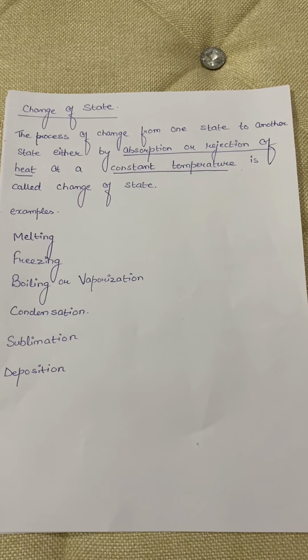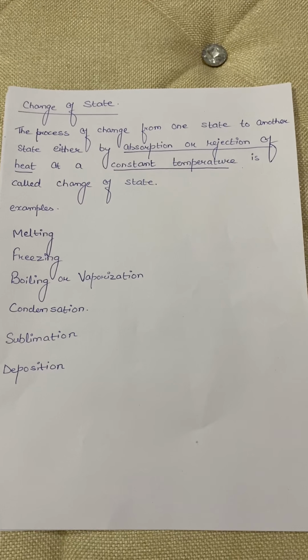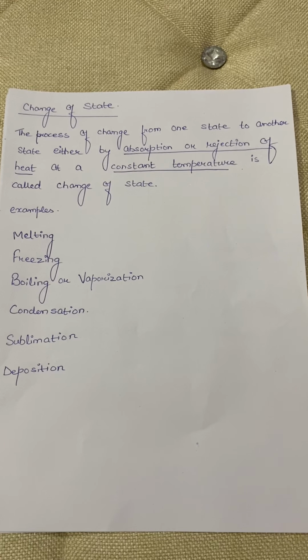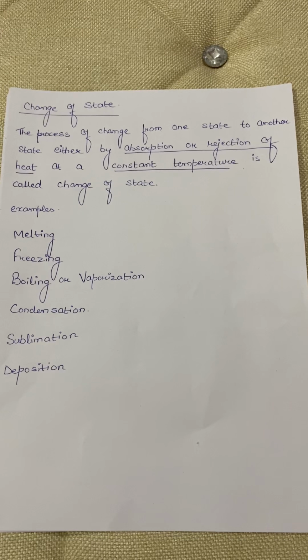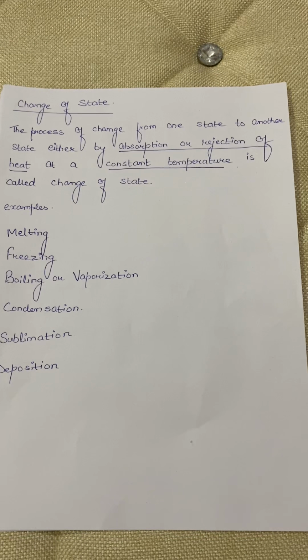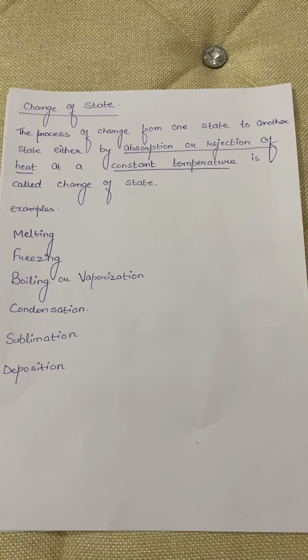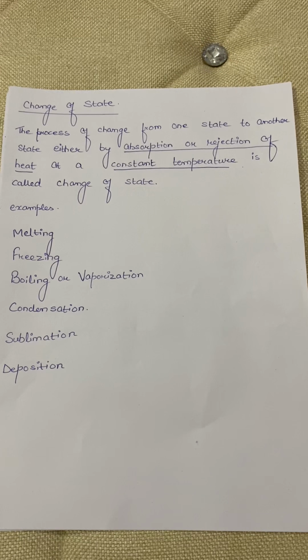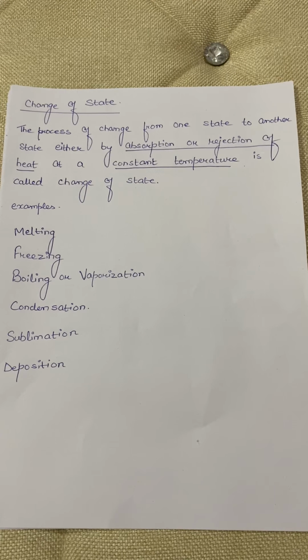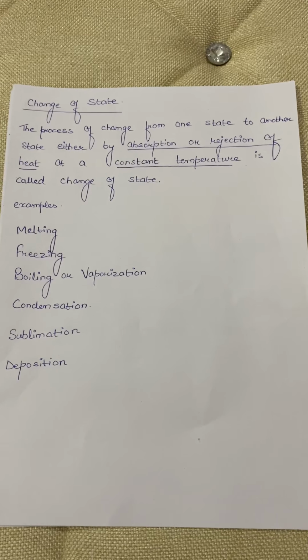Now, there are certain examples like the process of melting, freezing, boiling or vaporization, condensation, sublimation, deposition, and so on. Now, let us discuss them one by one. Changes of a solid into liquid or vice versa.